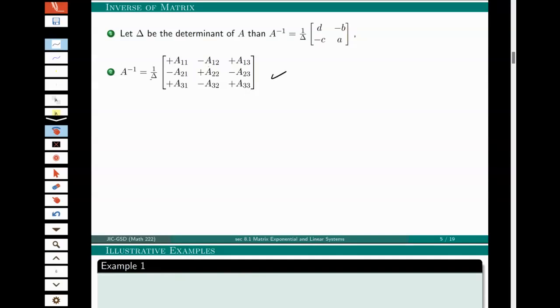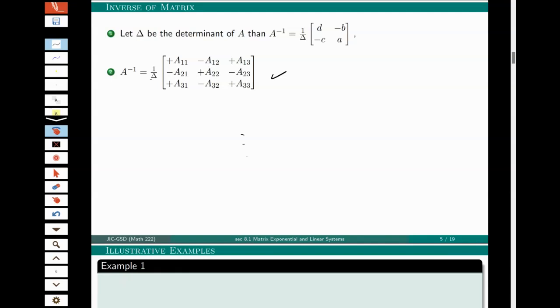It's actually alternating: plus, minus, plus, minus, and here we have 1 1, 1 2, 1 3, 2 1, 2 2, 2 3, 3 1, 3 2 and 3 3, where I guess that is the minor.